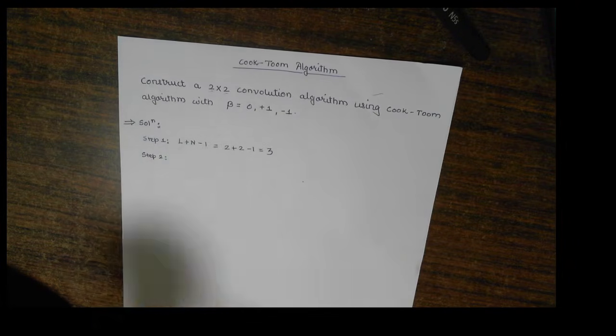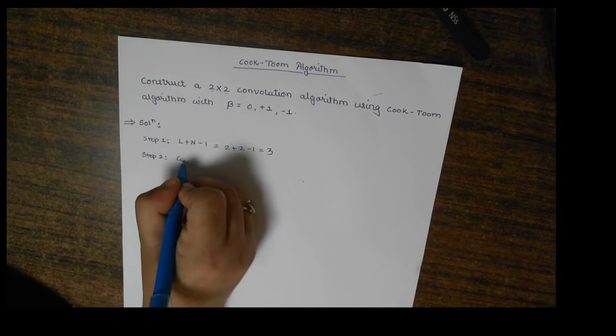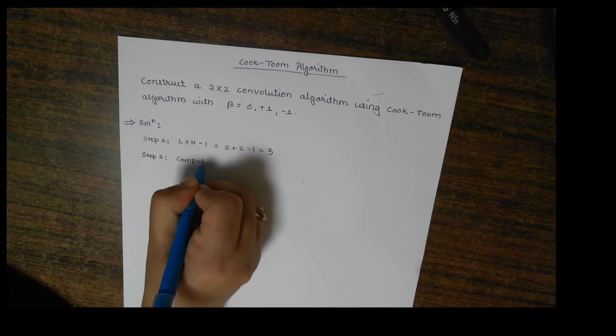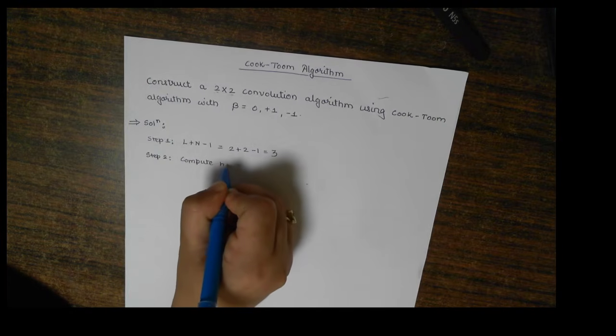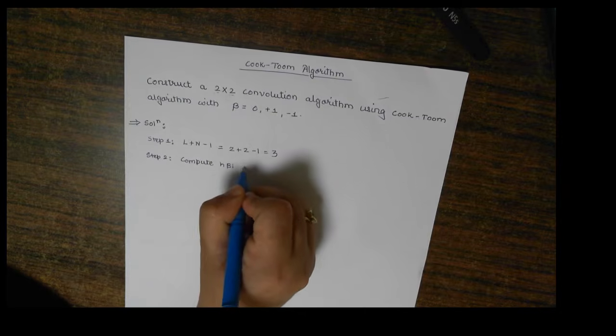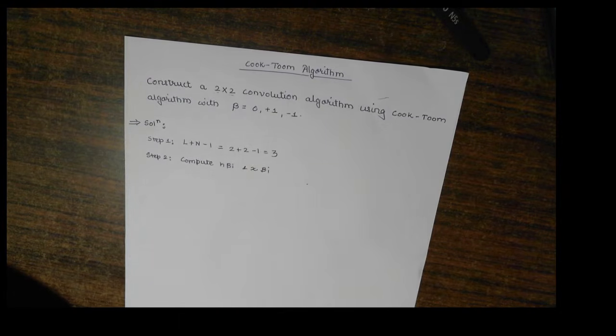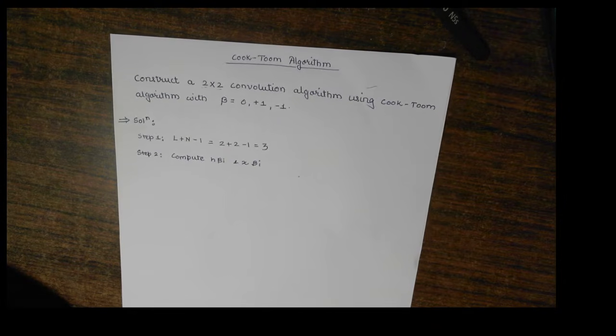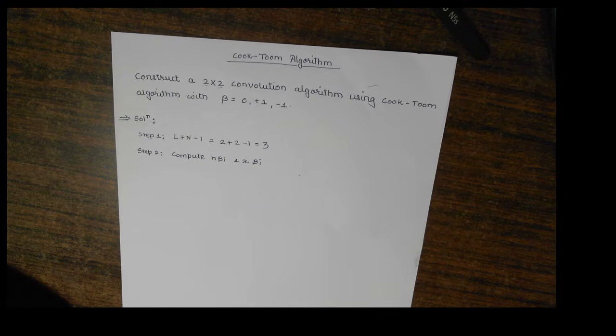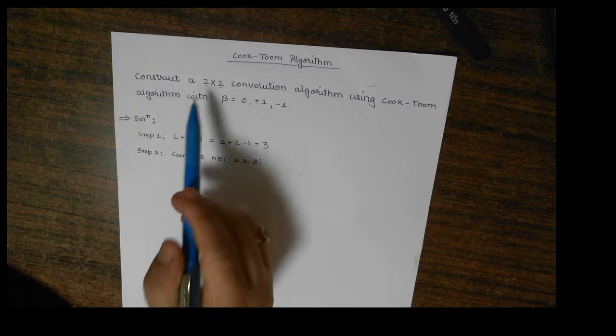In this, we need to compute h of beta i and x of beta i. Now, h of beta i and x of beta i is an equation, and this 2 by 2 decides the number of terms in each equation.